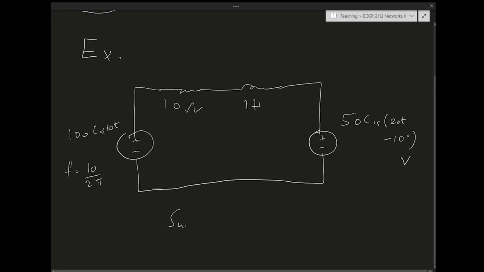Superposition still applies, right? Because we still have two voltage sources, so we can apply superposition. That's fine, but we cannot sum or add phasors directly. So we cannot add phasors of different frequencies directly.